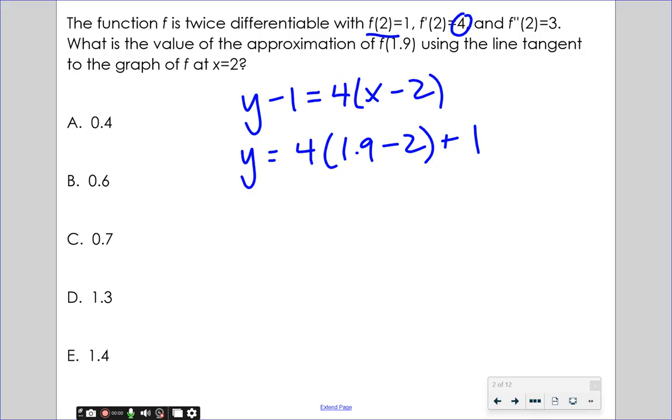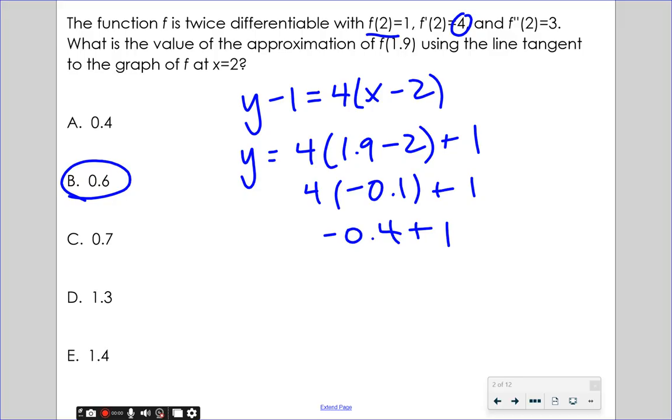In this case, I am going to have to simplify because it's a multiple choice question. So this is negative 0.1 times 4 plus 1. So negative 0.4 plus 1 is 0.6. There we go. And it will probably be like one multiple choice question on the AP exam.